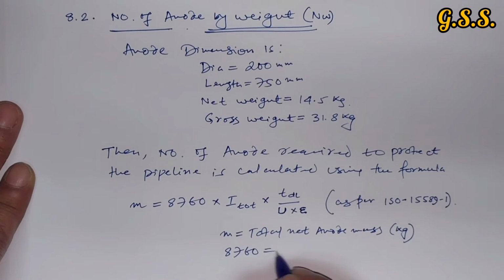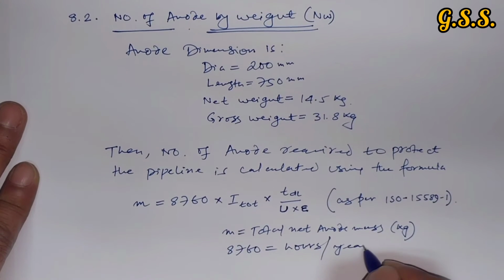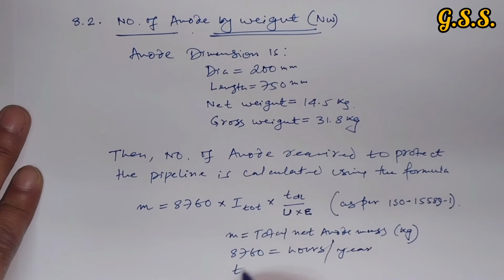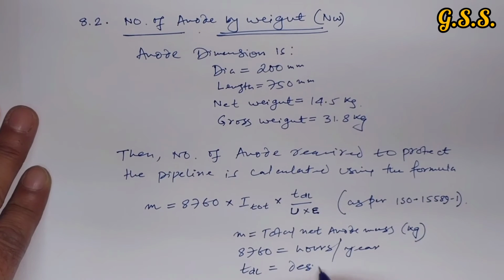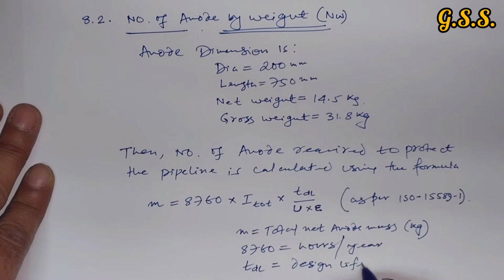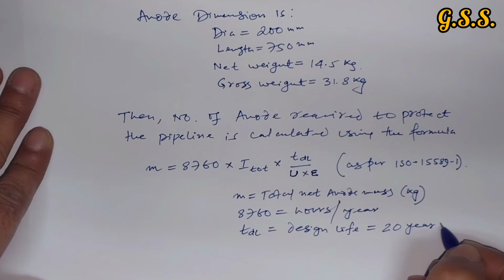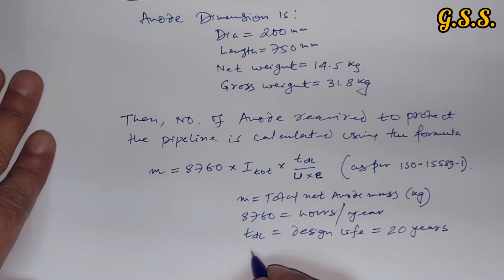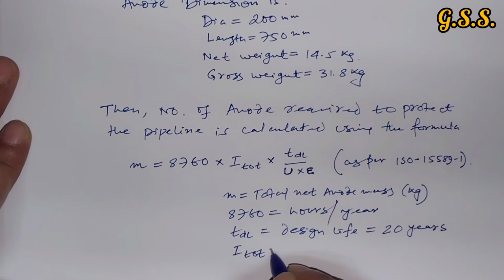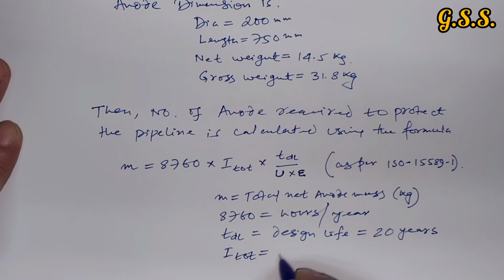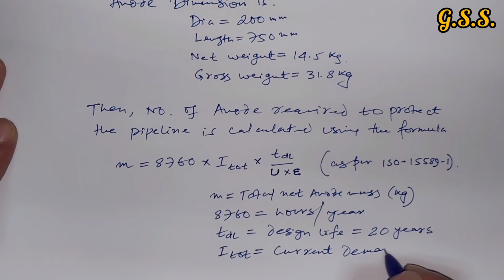8760 is hours per year. TDL is design life, say 20 years. I total equals total current demand.